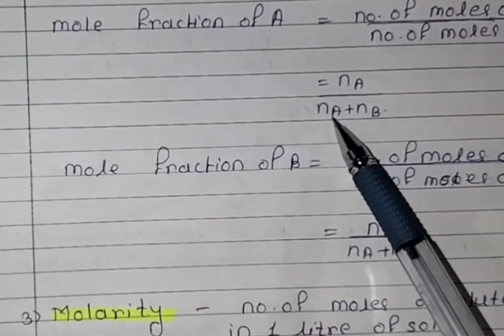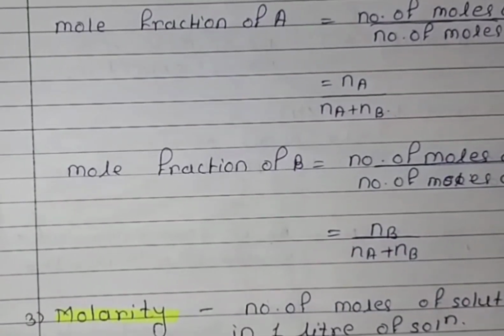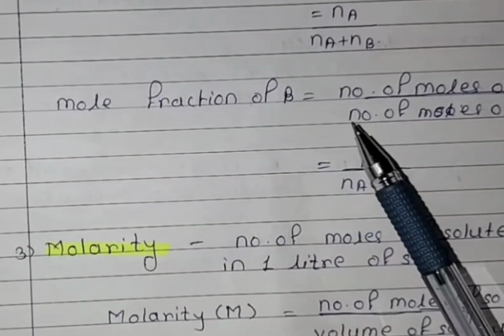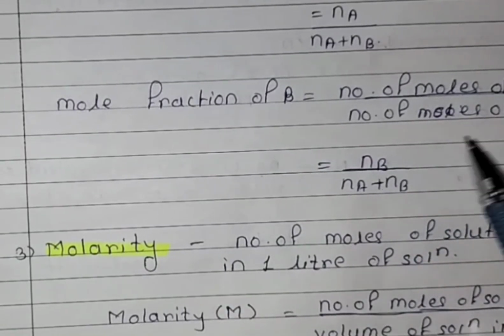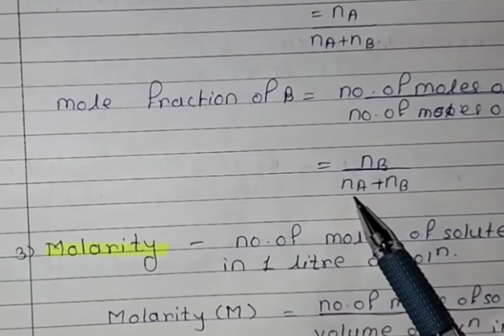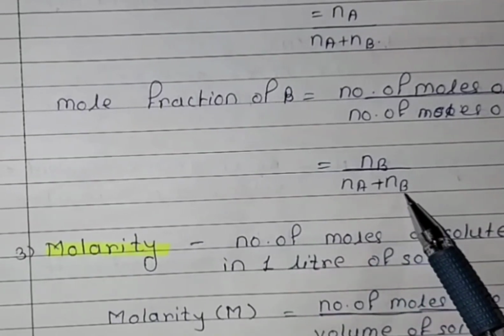Then the mole fraction of B is the number of moles of B divided by the number of moles of solution, Nb divided by Na plus Nb.